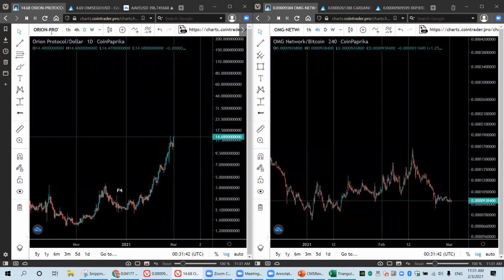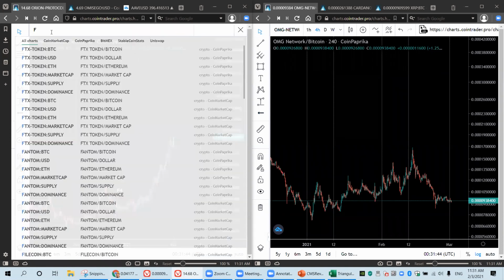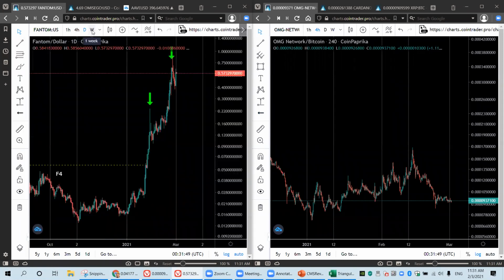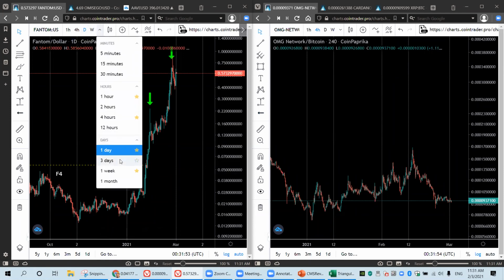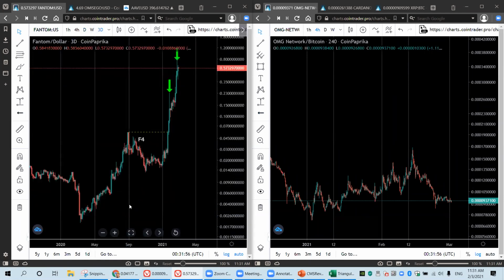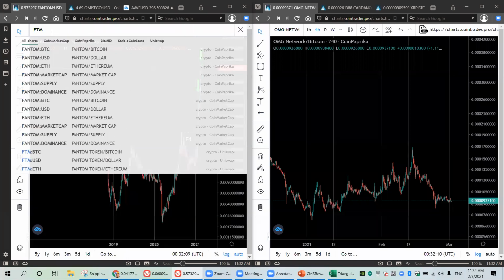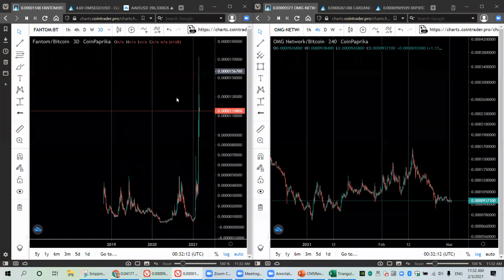Let's see. We can look at Phantom. Do we have enough data? I keep forgetting. Oh yeah, we do have enough data for Phantom. It's definitely looking very strong. It keeps going up, right? This is the F4 going up. Clearly, we don't know where the Moonshot 1 is. Even for Phantom against BTC, we don't have enough data to see where it is going.